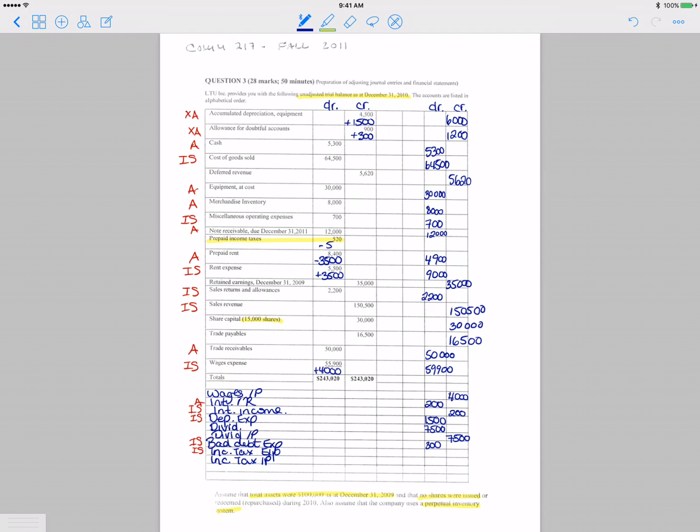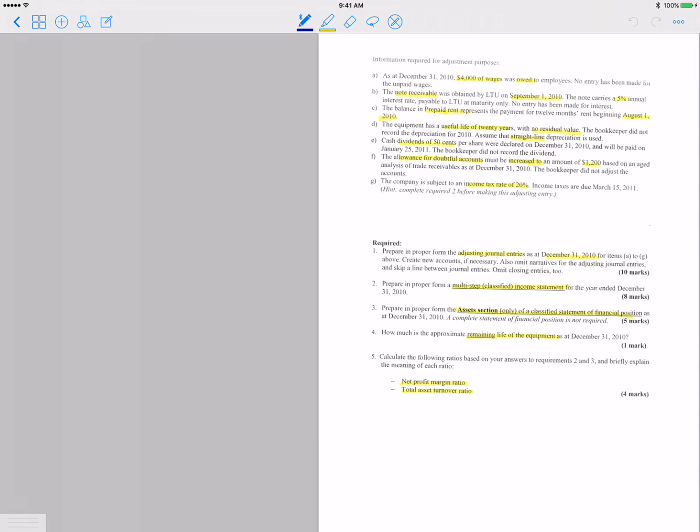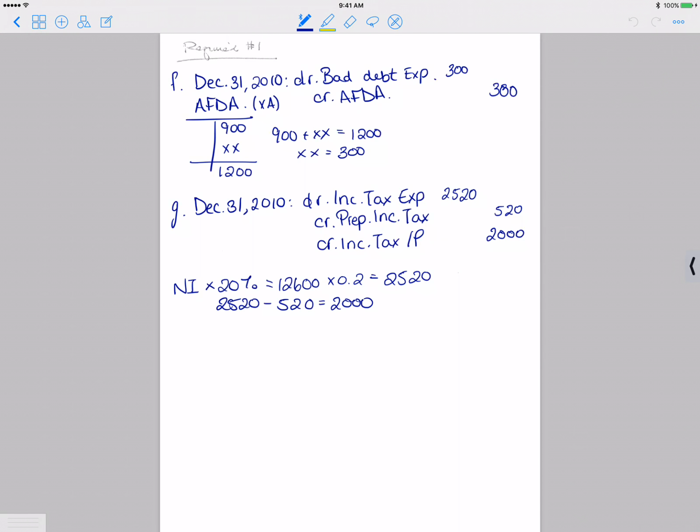So this would be minus 520, giving us a balance of 0. This would be at a balance of 2,520, and this one would be at a balance of 2,000. Now we've just updated all our accounts. We do know that this one will not be included on the balance sheet, and that's exactly what we're going to prepare next.